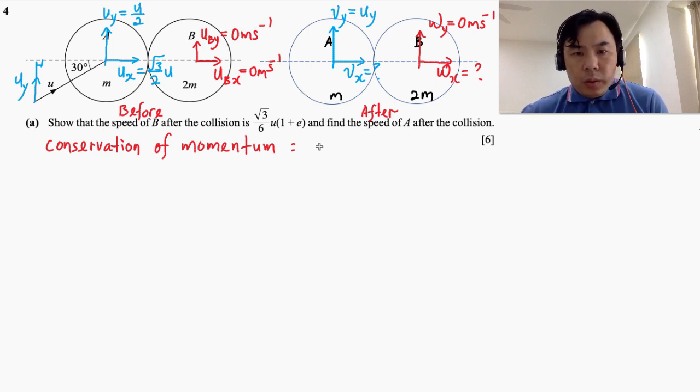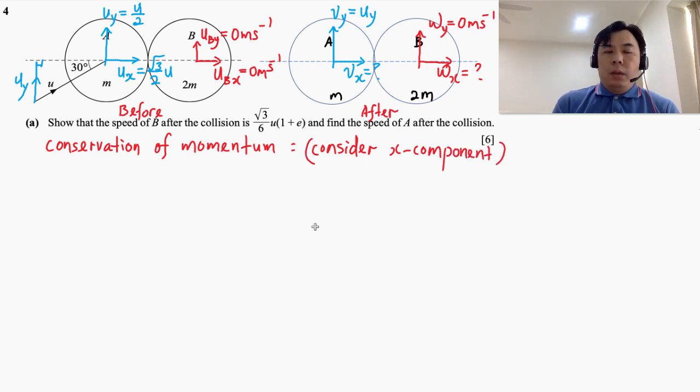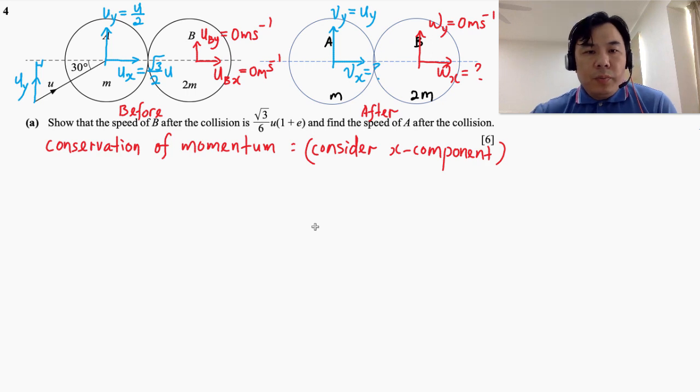So here we will consider the x component, which is the horizontal component. Okay, so I hope that is clear. We're only interested in the horizontal component because this is where the impulse involved or the impact involved, right?